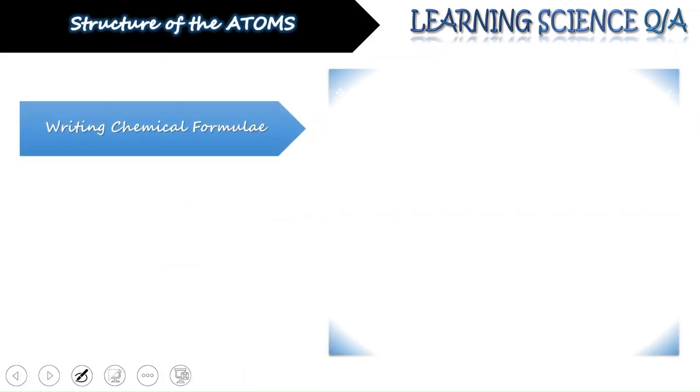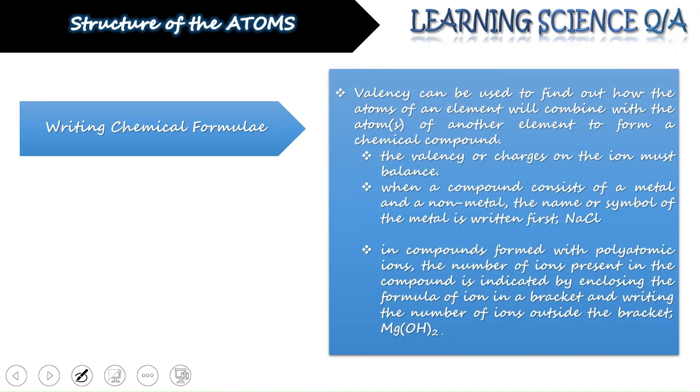Now, when we are writing chemical formulae for different molecules, we need to know certain things. Valency of an element can be used to find out how an atom of an element will combine with the other atoms of different element when they are forming a chemical compound.